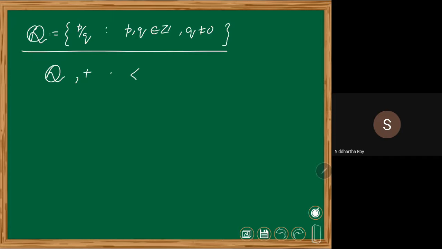And properly the order relations, whenever you are looking at them, you also have to very cunningly extend to Q. Are you getting me? From the natural numbers you have lifted to whole numbers, lifted to integers, now integers lifted to Q. So Q under addition, multiplication and less than.